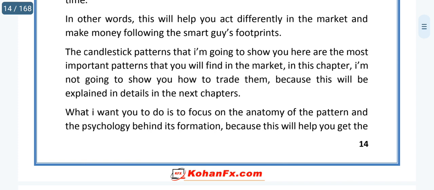The candlestick patterns that I'm going to show you here are the most important patterns that you will find in the market. In this chapter, I am not going to show you how to trade them, but this will be explained in detail in the next chapters.